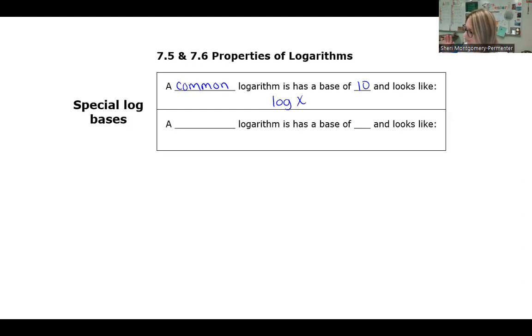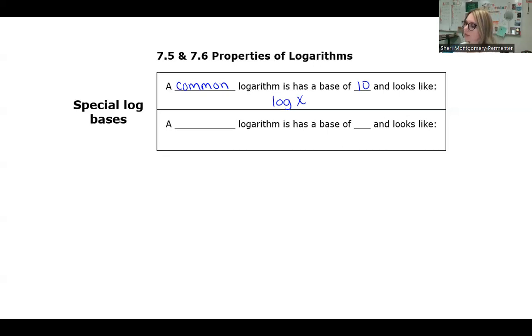Just like last unit, if you needed to draw the index of 2 on your square roots to help you, if you need to put the base as a number 10, you can. It's not wrong. But when it's not there, it is a 10. So question number 5 is a base of 10. And if you flip it over to the back, question 11 is also just a log with a base of 10.